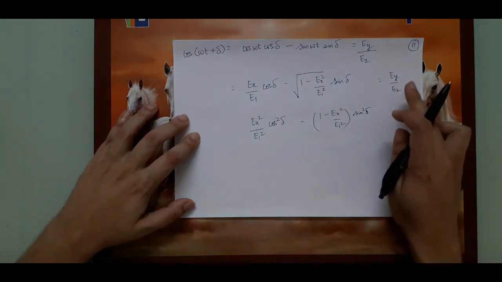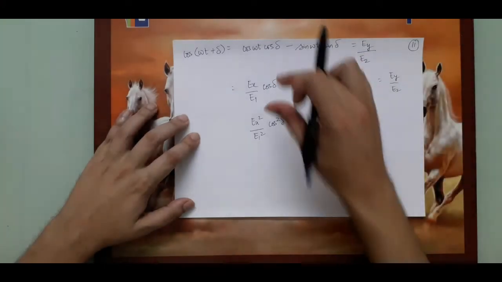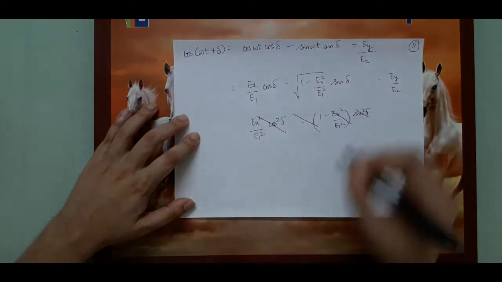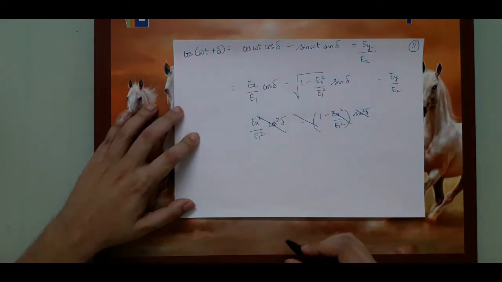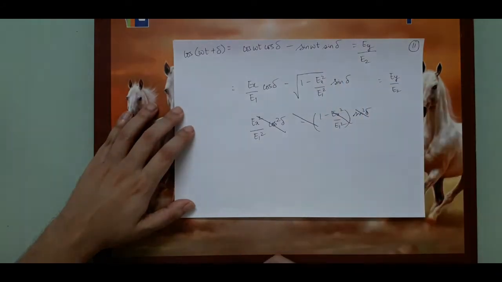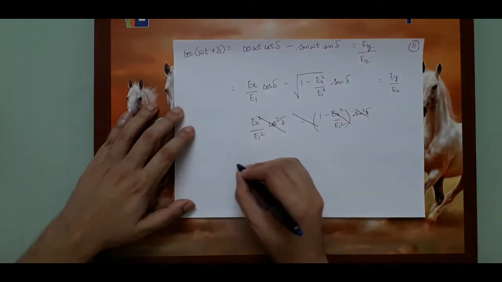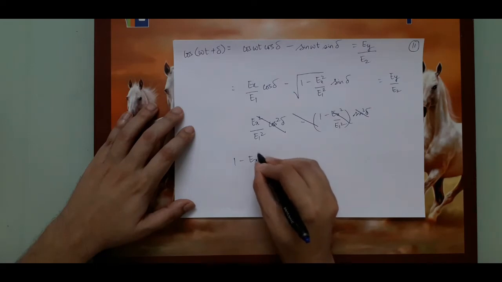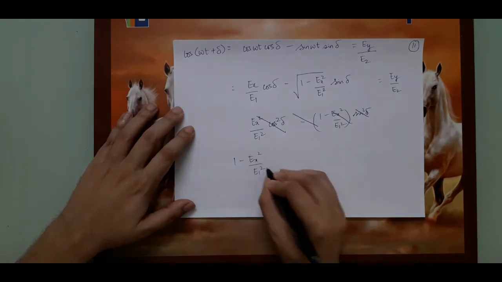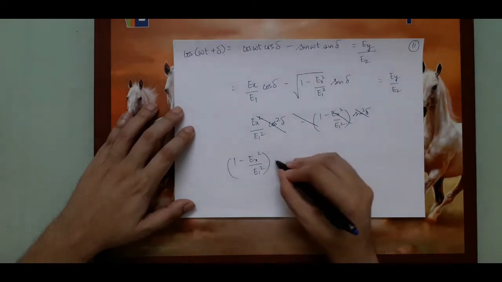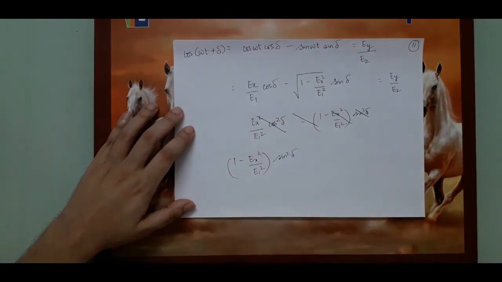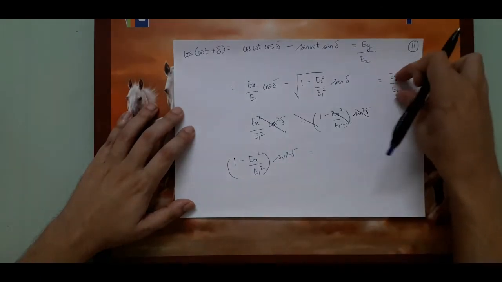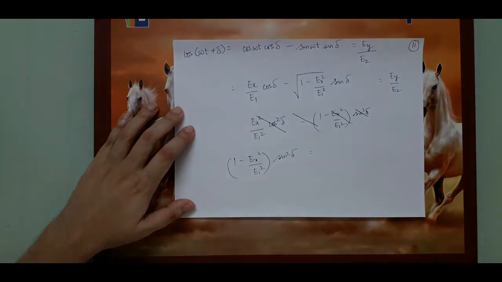So what I can do is easily take this on the left and this I can take on the right. So this would become 1 minus Ex square by E1 square times sin square delta, which is nothing but this minus this, the whole square.